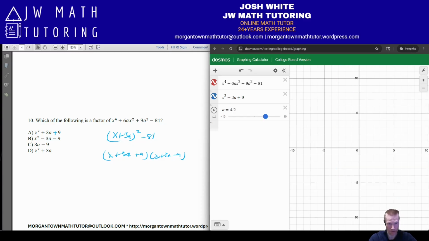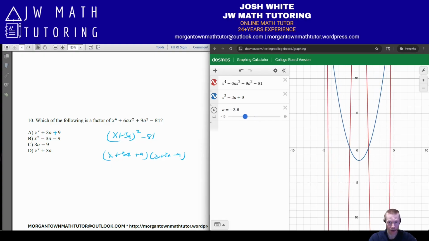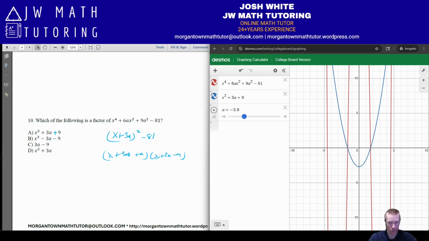We'll go back here to the regular screen. Okay, so I go back here to 1 where I started. If you make the a value negative, then eventually that blue graph, the possible factor, will come down, and now you will see it intersecting the original expression at an x-intercept value, which confirms that it's a factor.